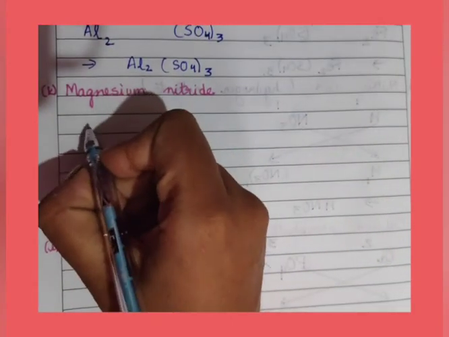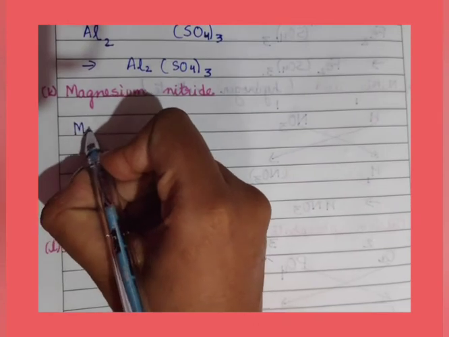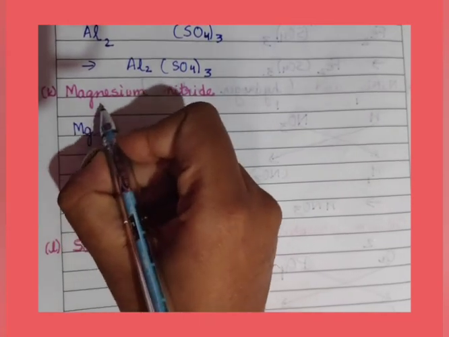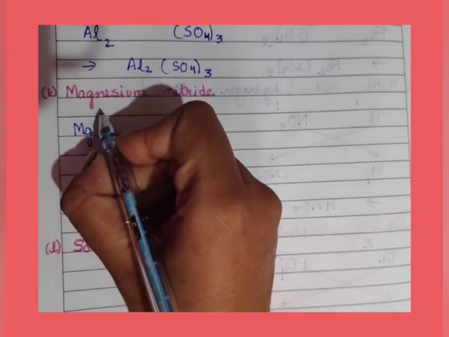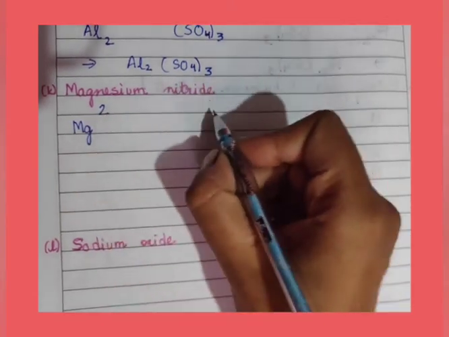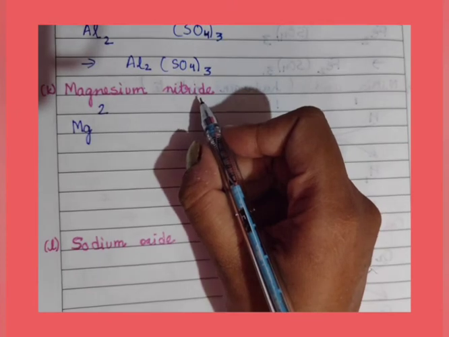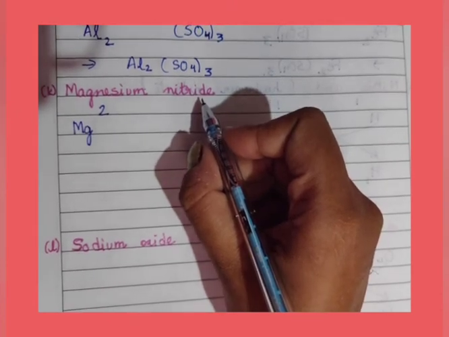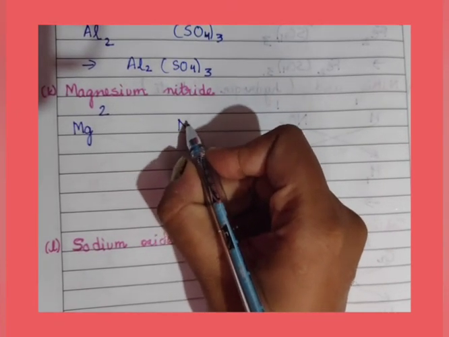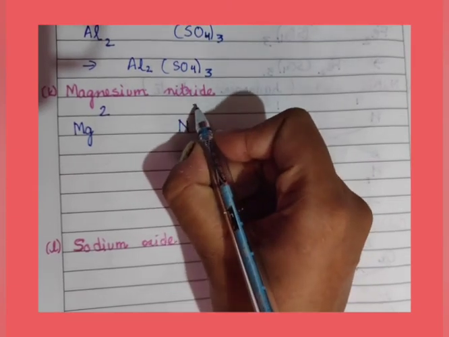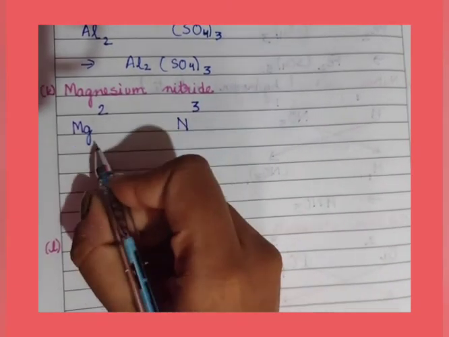Okay, now comes magnesium nitride. Magnesium symbol is Mg and its valency is 2. Now what is nitride? When nitrogen remains in the combined state, it is called nitride. So it is N and its valency is 3.